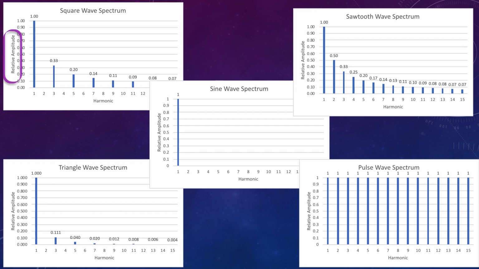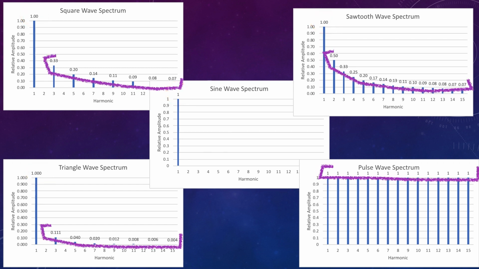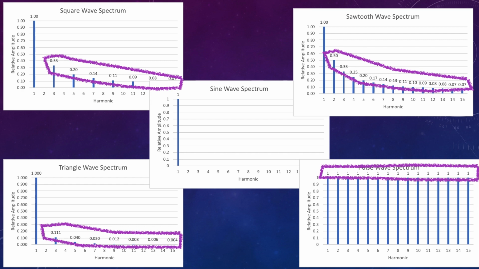The math needed to come up with the actual numbers is complicated and not important for this course. So, for the 5 waveforms we will discuss, the amplitude of the fundamental will always be 1, and the harmonics will be fractions of 1.